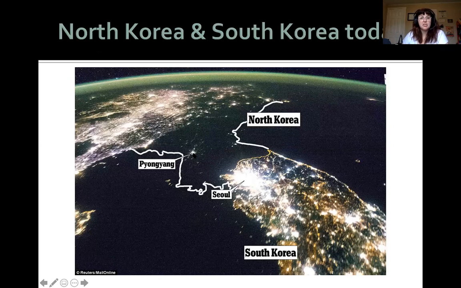Really, their only major city is Pyongyang, here, the capital. And most of the country is basically very rural. We don't know a ton about North Korea, but we do know that the conditions there are very bad. There's a lot of famine, there's a lot of hunger, it's totalitarian, it's really not a good place to live. And you can see the line here, that's the DMZ.